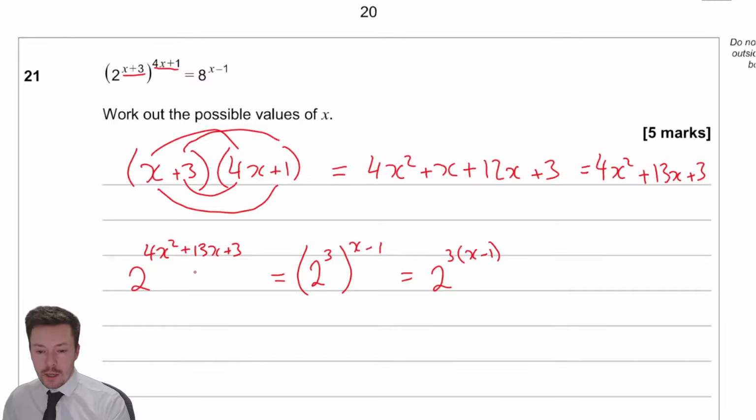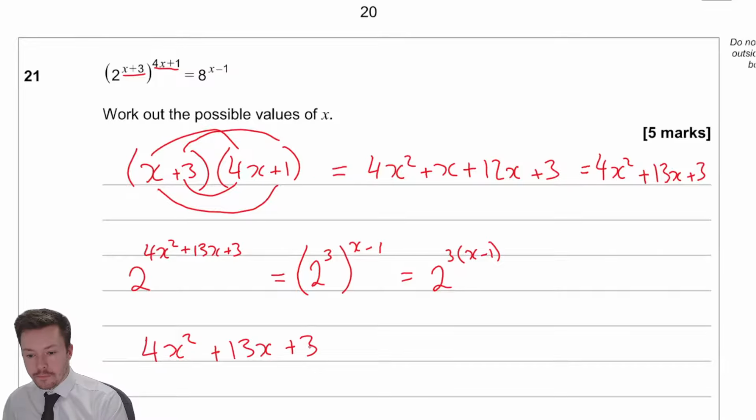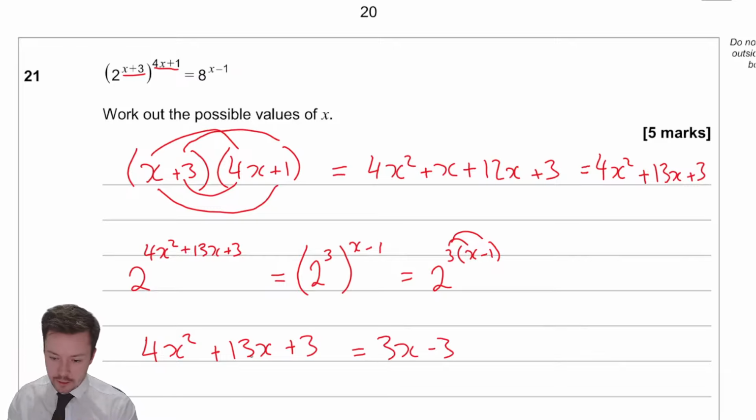Now, because we've got here the same base, that means the powers must be equal to each other. So that means 4x squared plus 13x plus 3 is equal to, let's expand this at the same time, 3x minus 3. Okay. Take away the 3x from both sides.